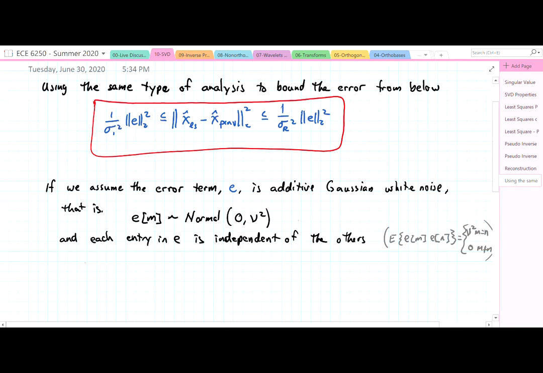Then, as before, when we discussed linear inverse problems, the expected value of the norm of E squared is just going to be m times nu squared.